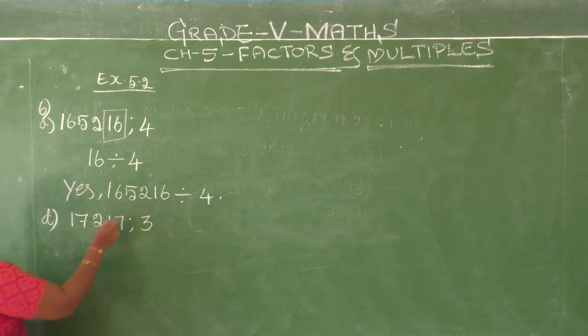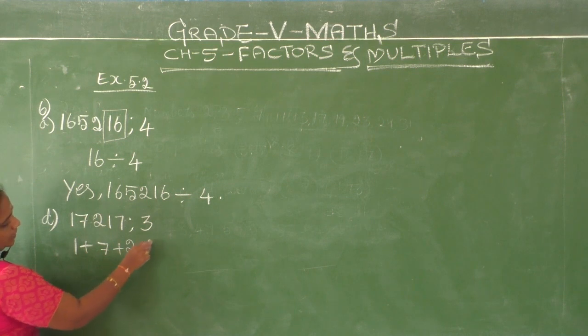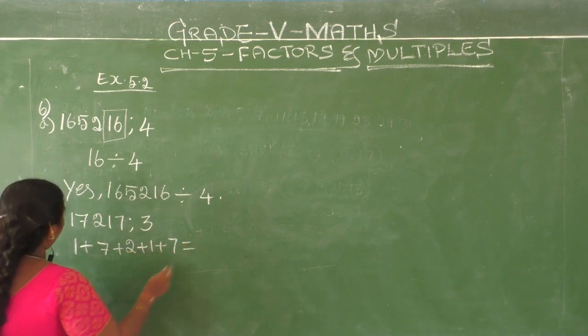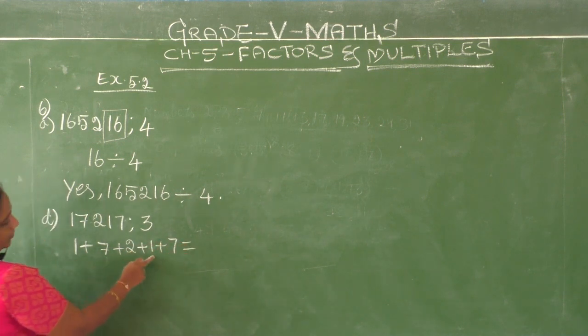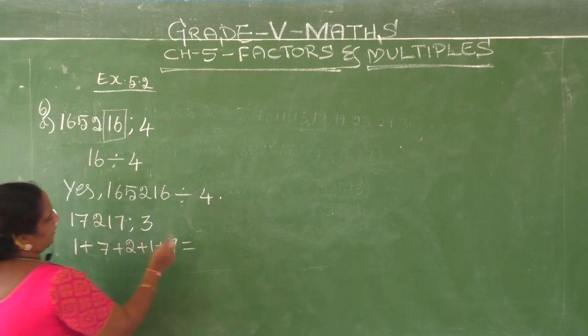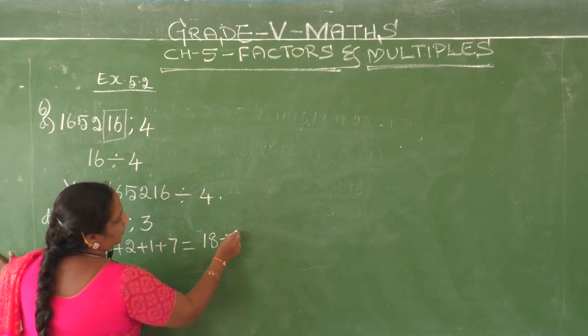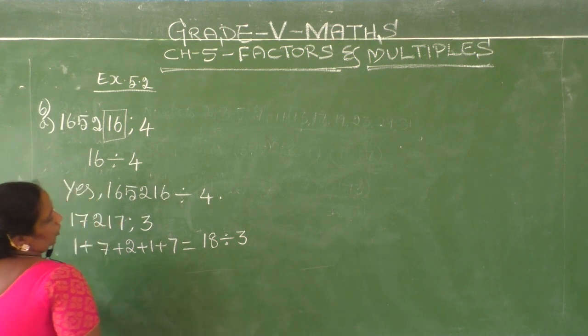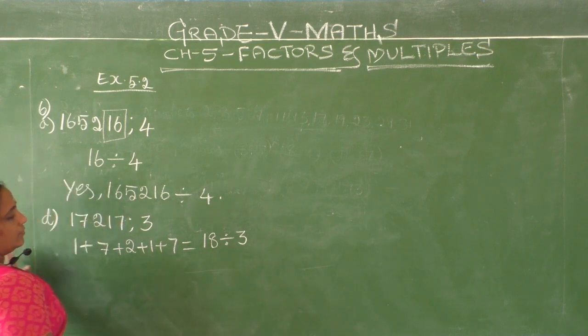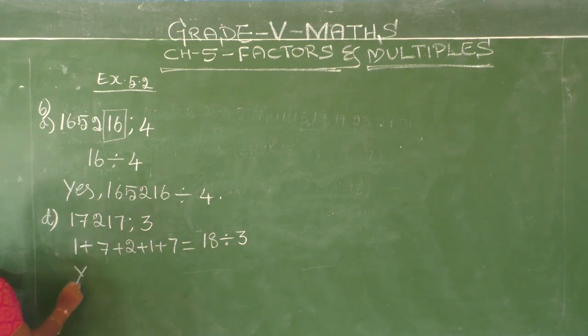So I am writing the sum of the digits, which means addition: 1 plus 7 plus 2 plus 1 plus 7. 7 plus 1 is 8, 7 plus 1 is 8, so 2 8s are 16, 17, 18. So will this 18 be divisible by 3? How many times will it come? 6 times. 6 3s are 18. So yes.